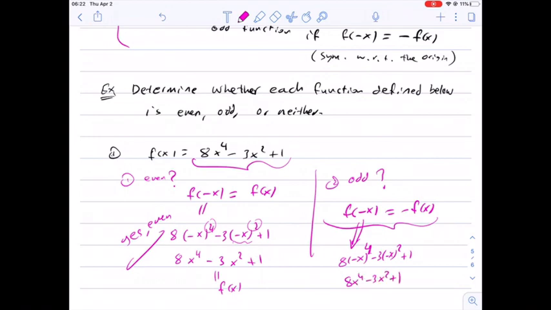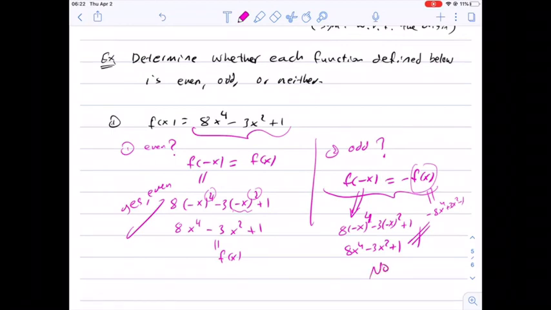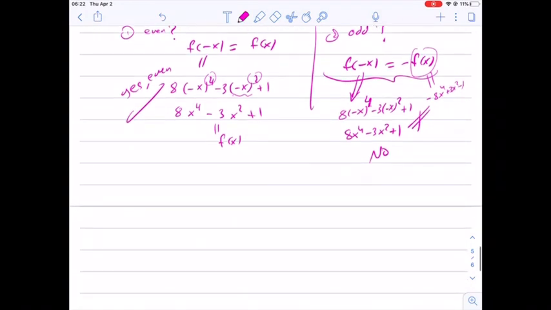This is 8x to the 4th minus 3x squared plus 1. What about the right hand side? We just multiply the function of x by a negative sign, with negative 8x to the 4th plus 3x squared minus 1, and those are clearly not equal to each other, so this is not an odd function.